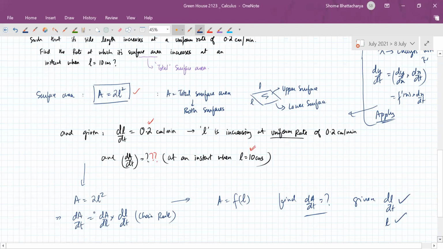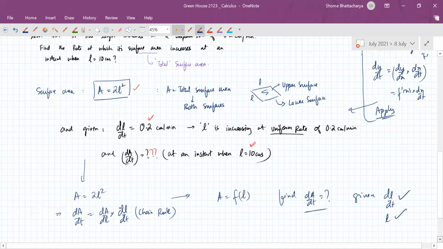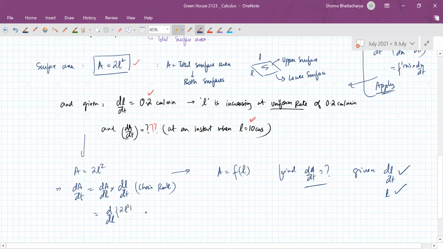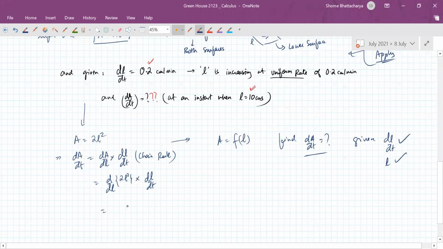Now we'll substitute this A as a function of L over here. So we will get this as 4L, right, into dL by dt. And now we can just directly substitute the values given. So this thing can be substituted and the value of L at that instant, this can be substituted.